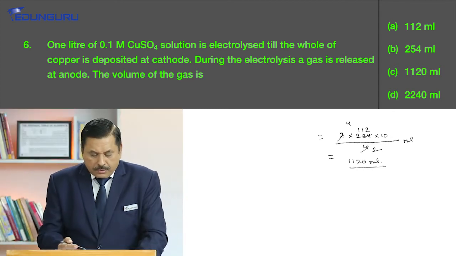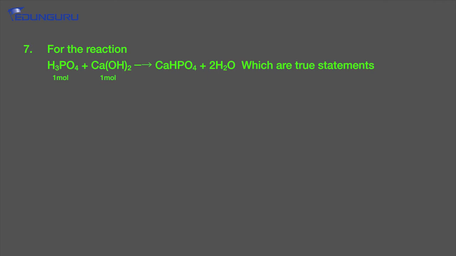Your next question is, for the reaction H3PO4 plus Ca(OH)2 giving CaHPO4 plus 2 H2O, 1 mole each of H3PO4 and Ca(OH)2 are taken. Which of the following statements is correct?